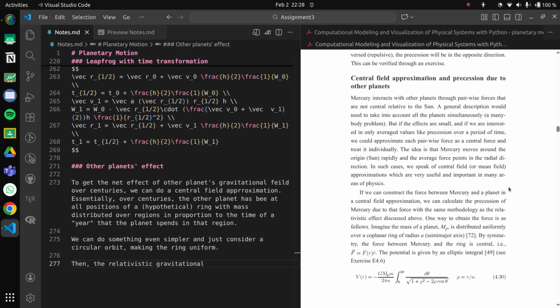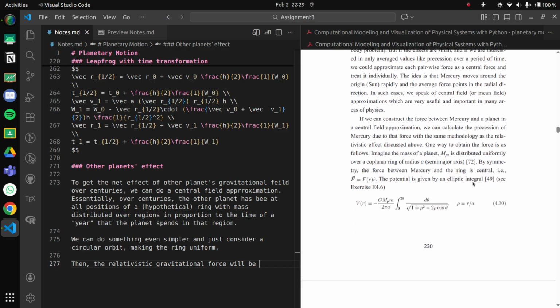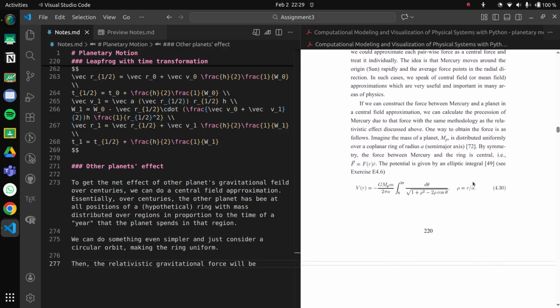So remember, the inverse square gravitational force will just become zero, because this is something we have done now. Gravitational force will be like a coplanar ring of radius a.